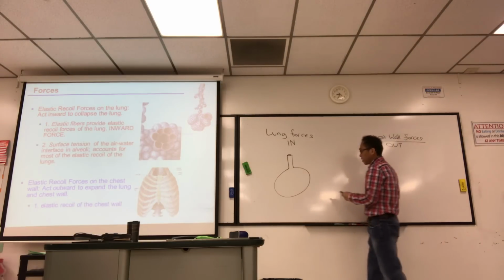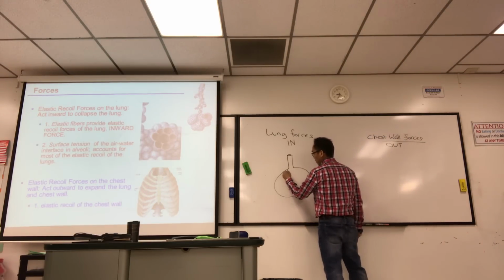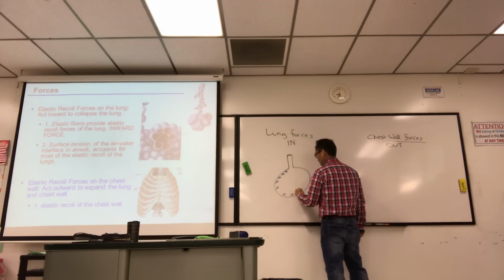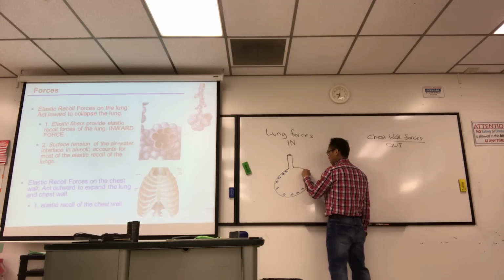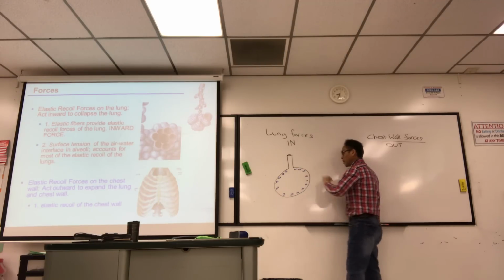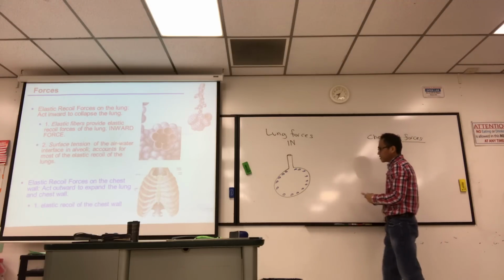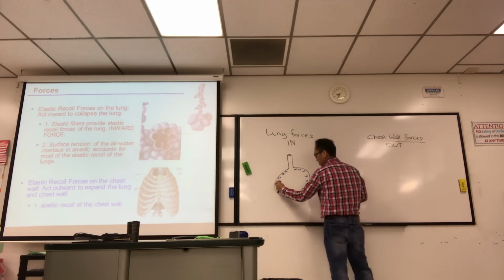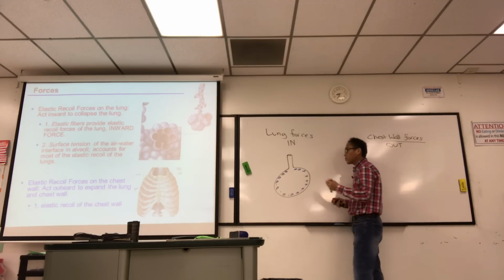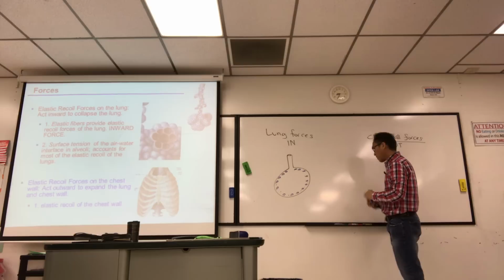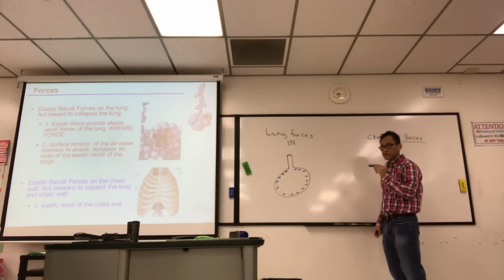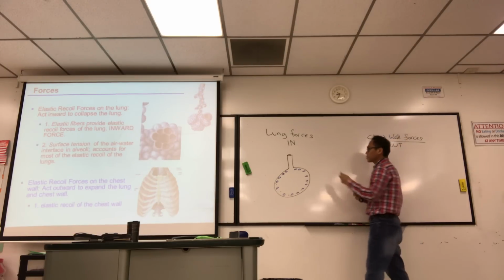Remember how I talked about how you have the water molecules and there's surface tension between them, but you can have surfactants that help reduce that surface tension. That's great. But there's still surface tension. So one of the things we have to consider are the surface tension forces that make the lung collapse.